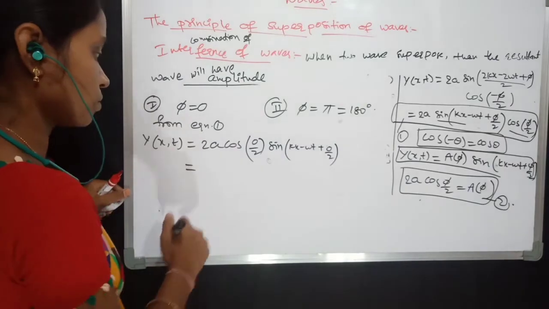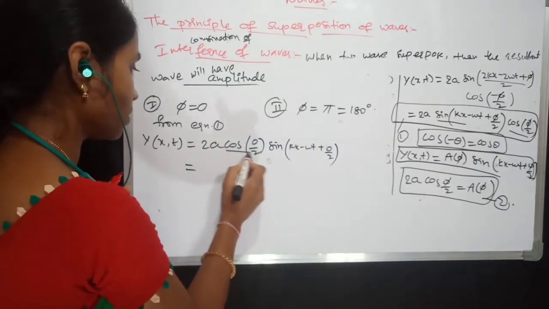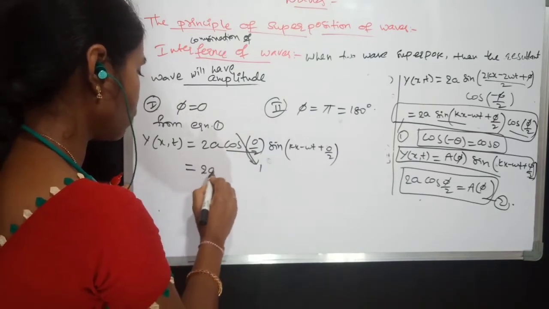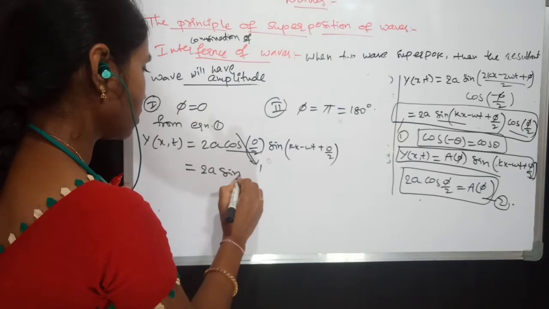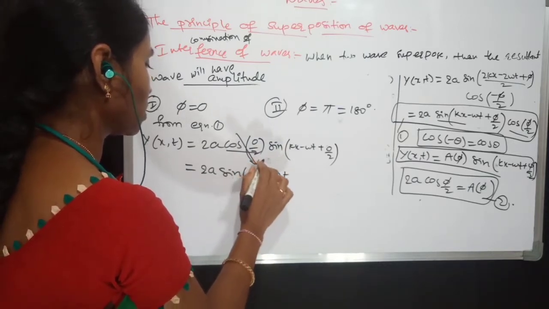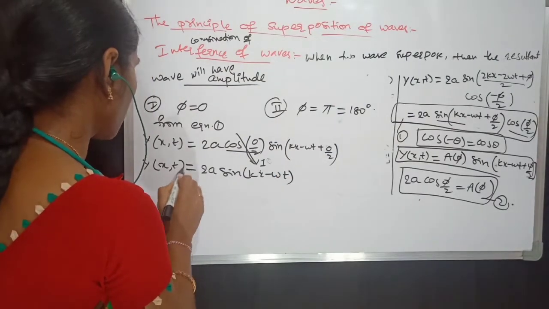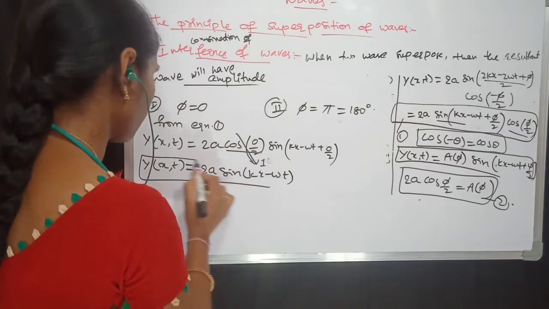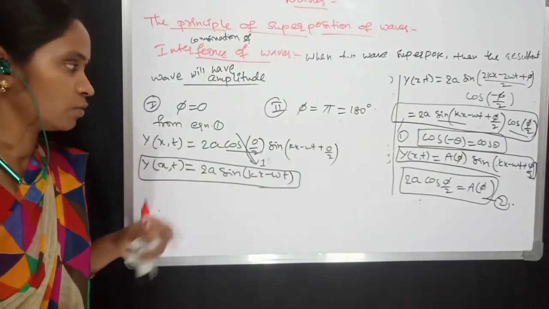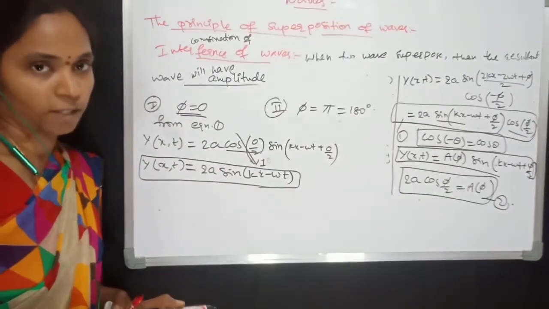Sine 0 will be equal to 0 and cos 0 will be equal to 1, right? Therefore, we are left with 2a sine of kx minus omega t. This is the displacement wave equation whenever there is no phase difference between two pulses.